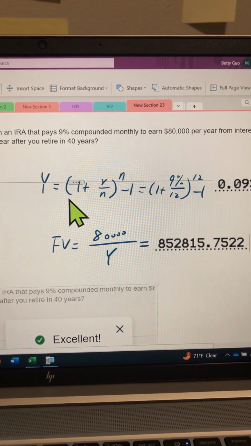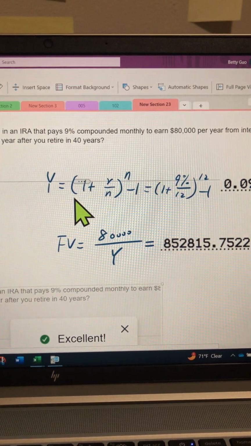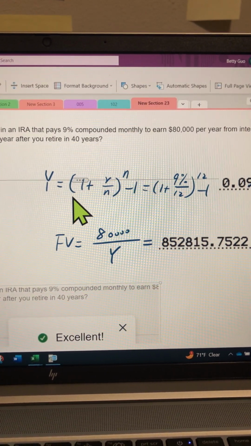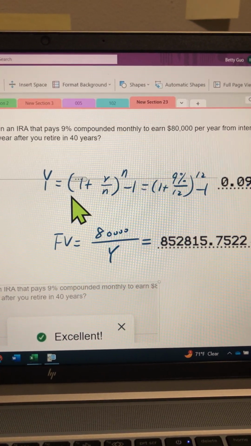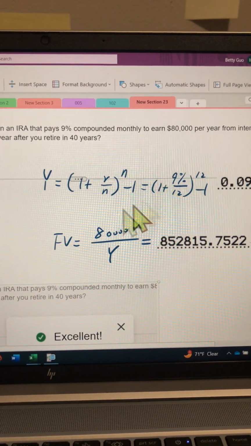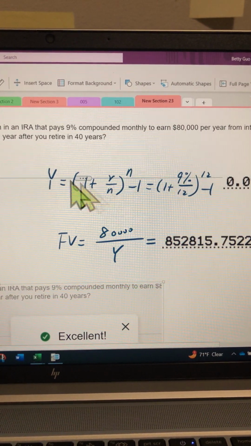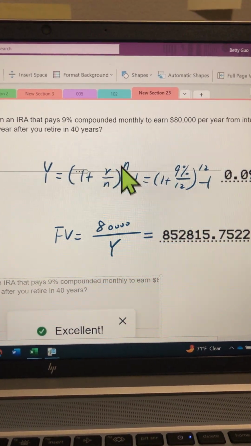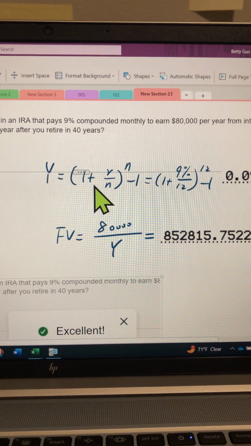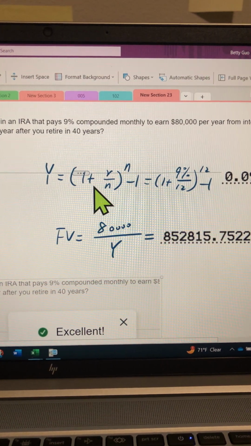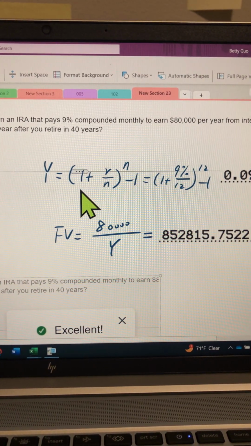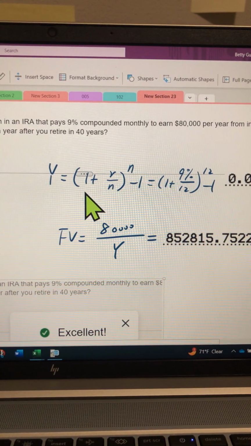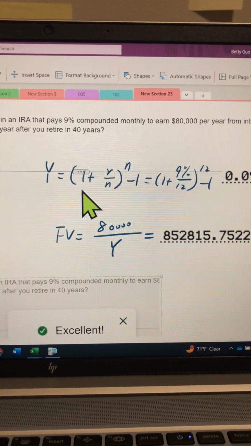Effective rate is the last topic we cover in section 8.4, compound interest. This is the formula for finding the effective rate. On my table note, I have a picture, an image to explain the relationship between effective rate, APR and APY.